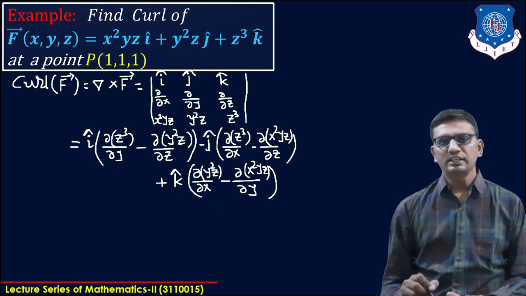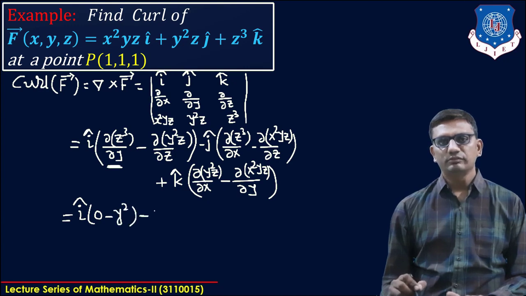Now we simplify each partial derivative. In the first term we do not have a y, so it is 0. In the second partial derivative, which is del of y square z with respect to z, we get y square.